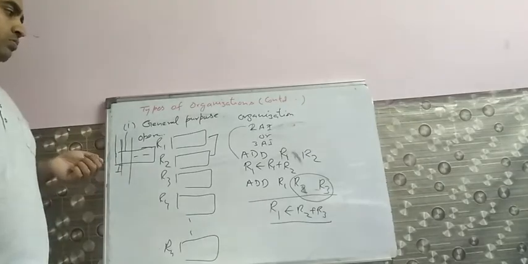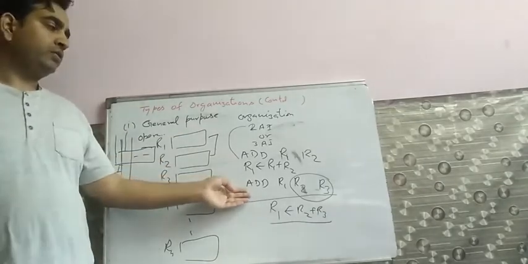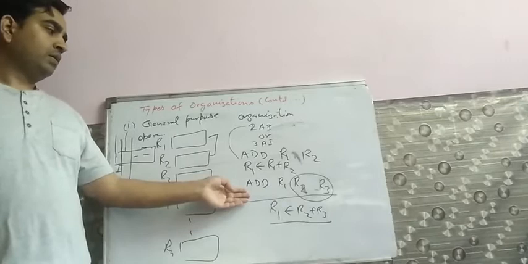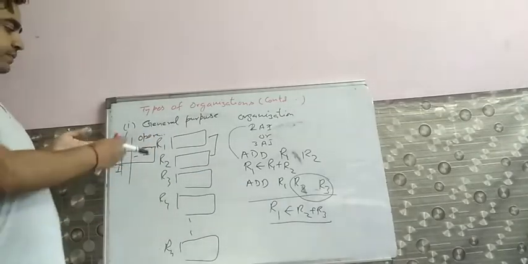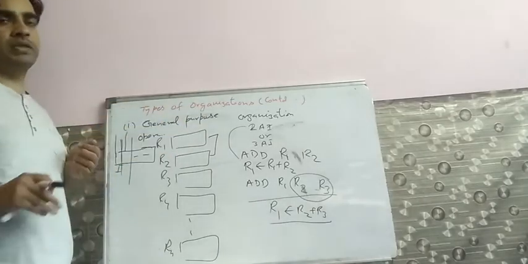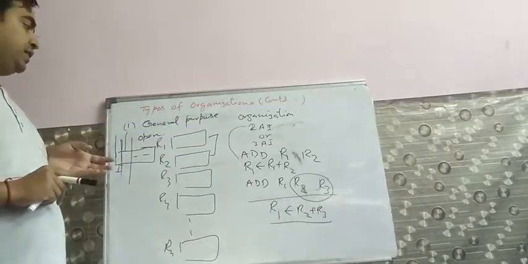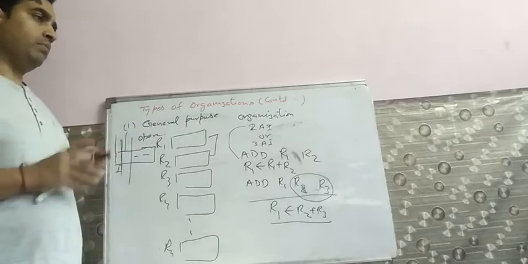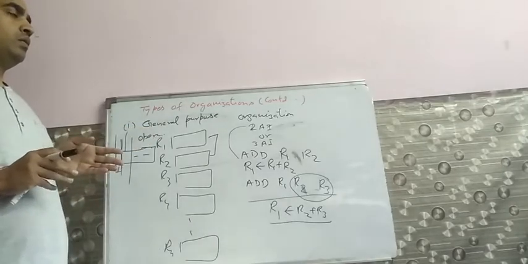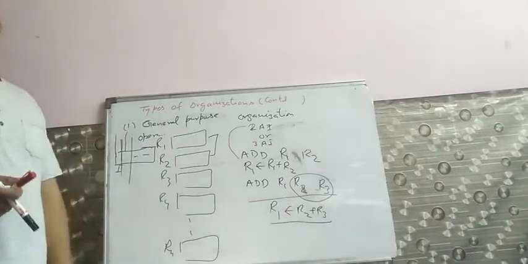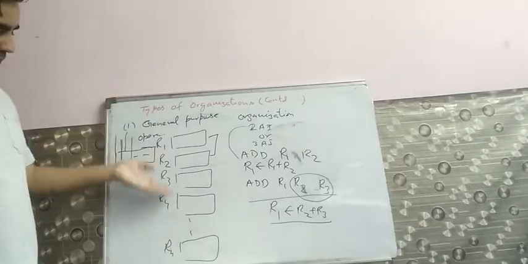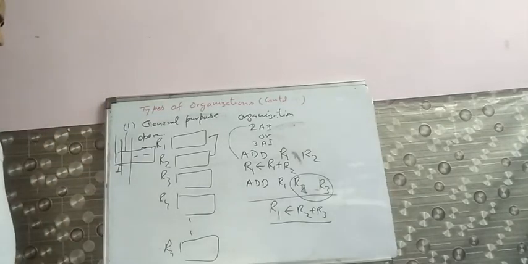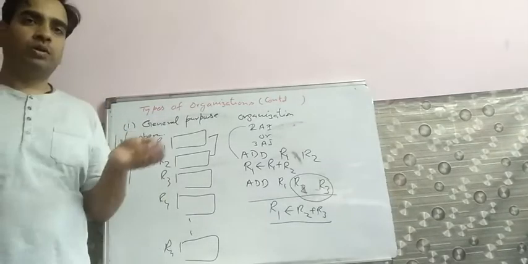So this will lead to simplicity for the programmer, but complexity in the circuit design, because if we are having more addresses in our instruction, then definitely a wider bus will be needed for the transfer of data, and as the number of registers will increase, the cost of the hardware will also increase.